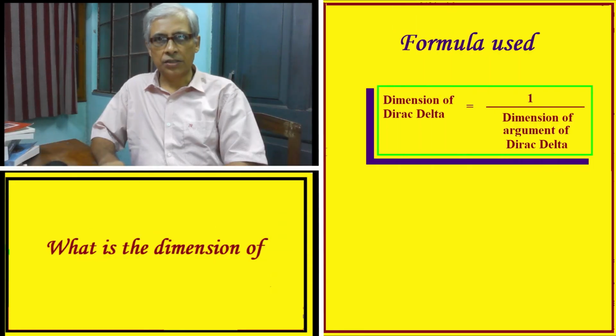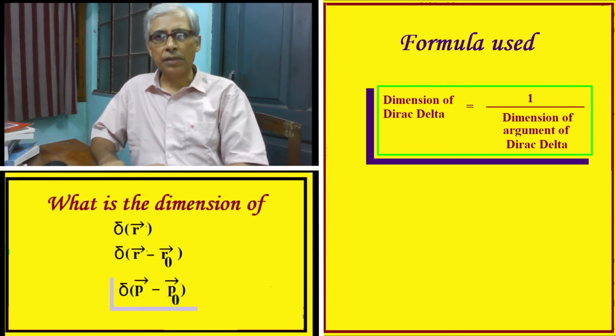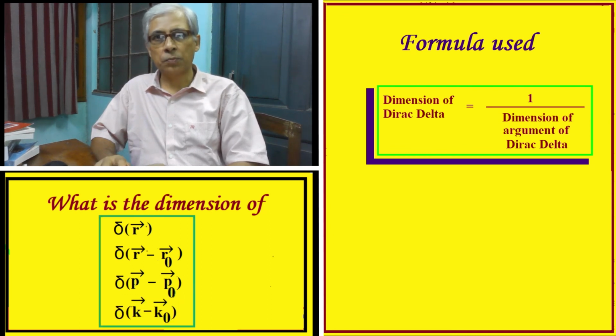We now proceed to find the dimension of the delta functions you see on the left slide, and they are all three-dimensional delta functions. So we have to split them into 3 factors and proceed to find the dimension of 3D delta functions. Now to the right slide. The formula has been shown.